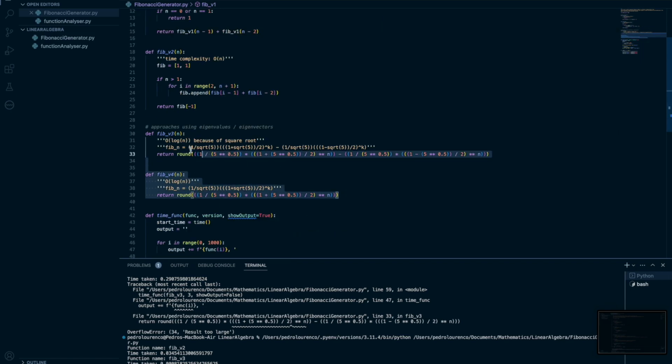Then we used these two extremely fast approaches, using eigenvalues and eigenvectors. So we applied linear algebra to solve a real world problem. It's not really real world, but we see that linear algebra has applications in computer science and can be useful for optimizing algorithms. I can also discuss in future videos the PageRank algorithm, which can use linear algebra as well, and eigenvectors and eigenvalues.